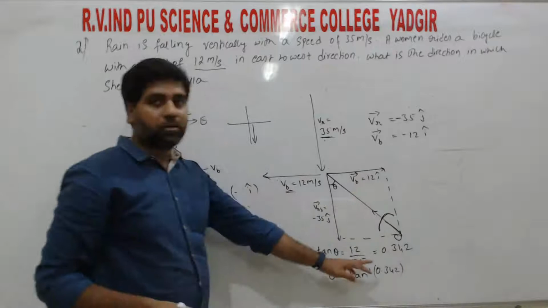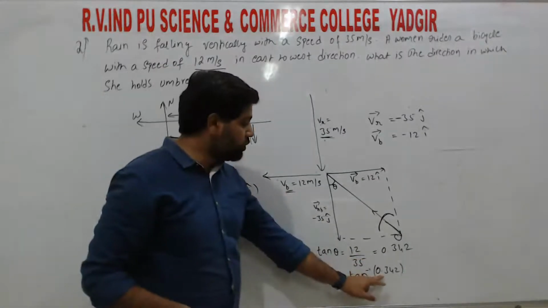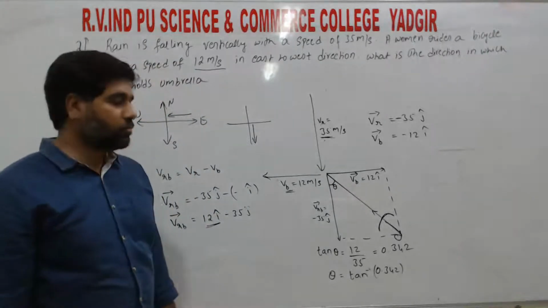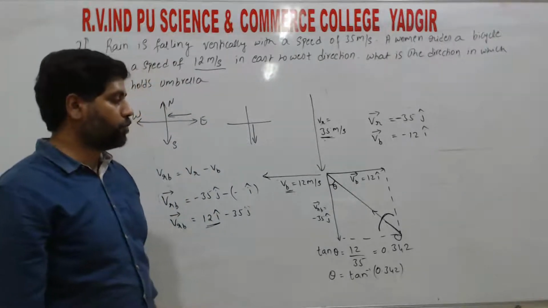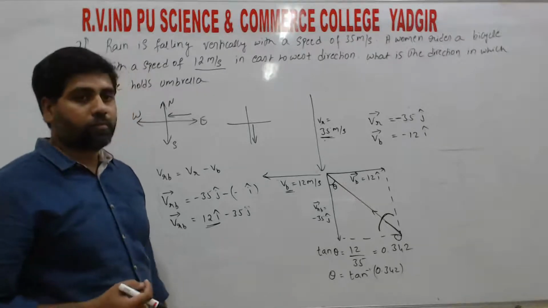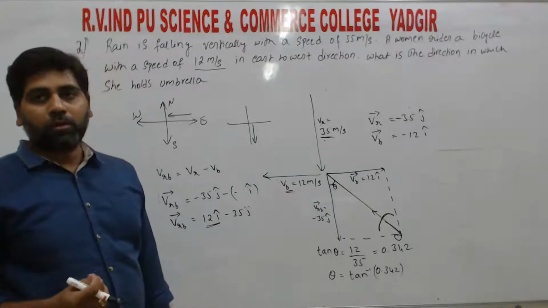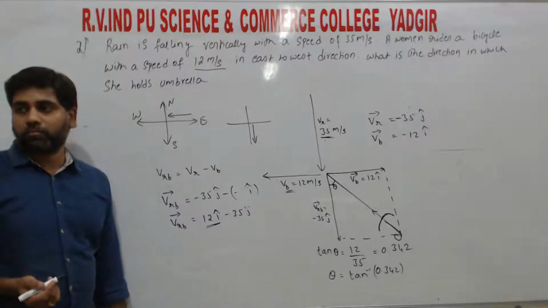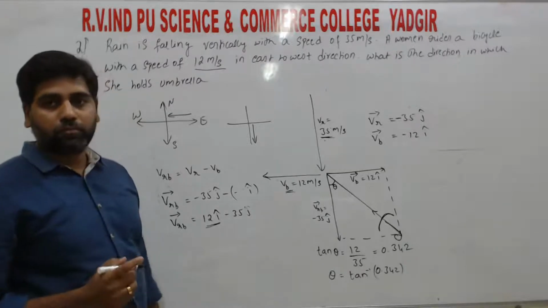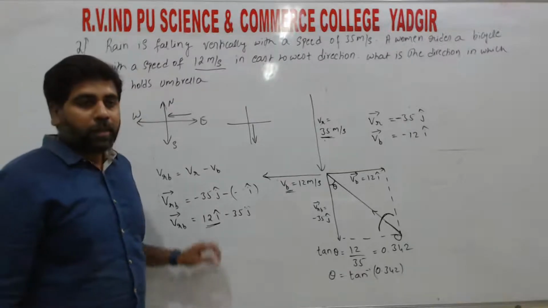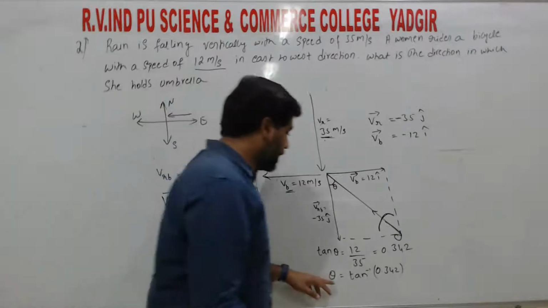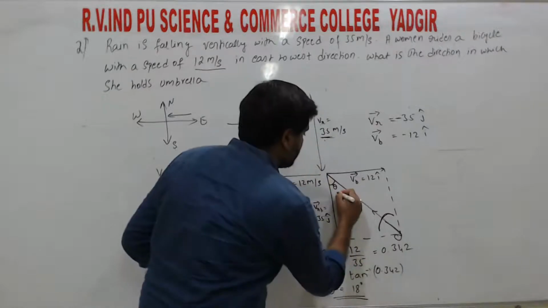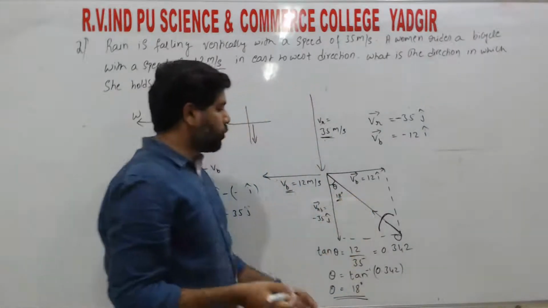Open the natural tan and find the value for 0.342. So we get angle theta approximately 18 degrees.